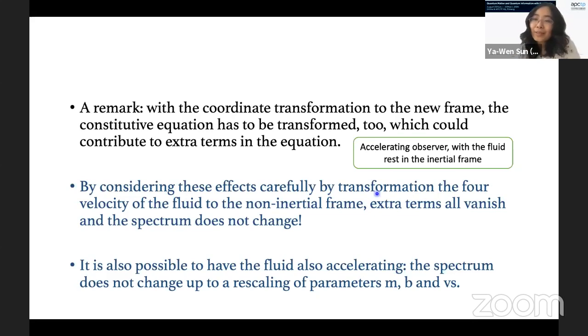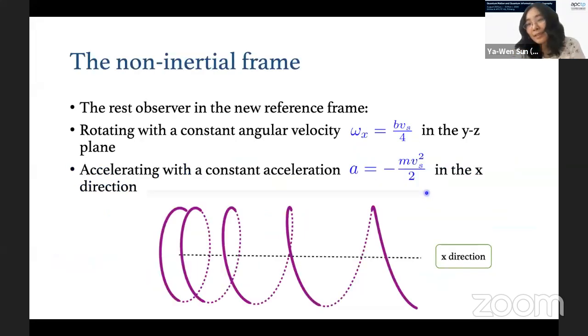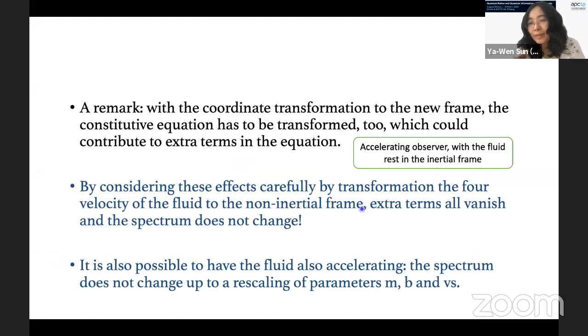We could also consider the case that the observer and the fluid, the relativistic hydrodynamic system, are both accelerating. In this case, we could also find a similar spectrum. But in this case, the constitutive equations have contributions, but the contribution only rescales these parameters M, E, and V_s.